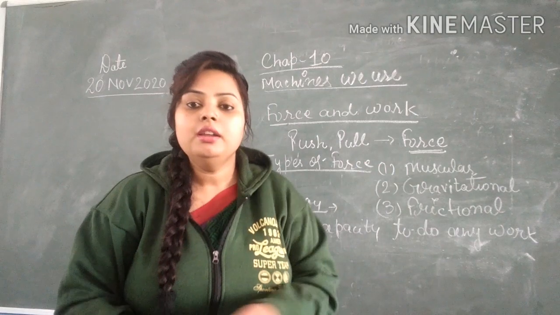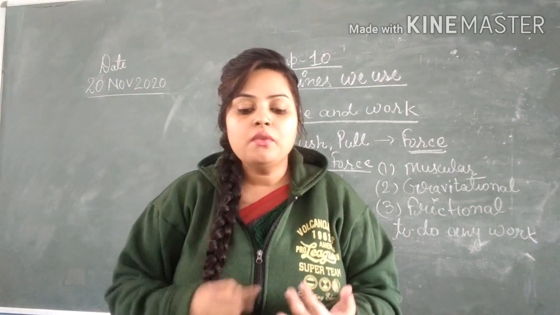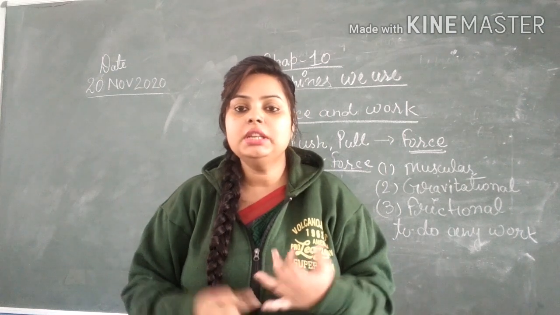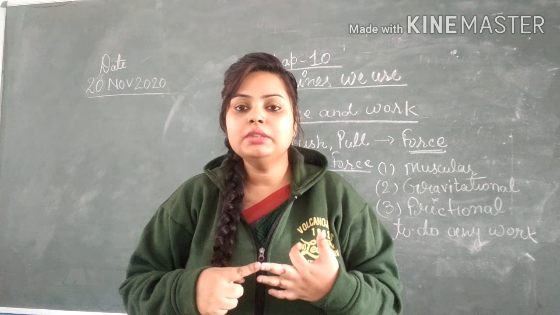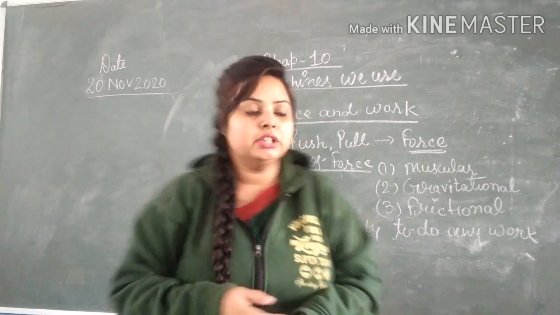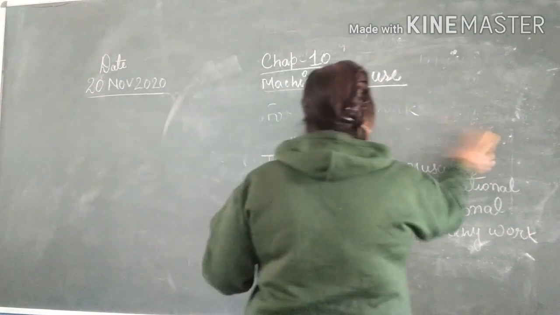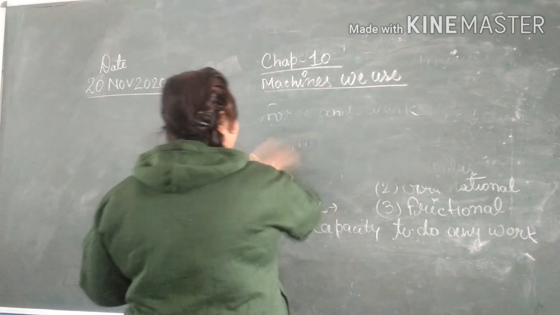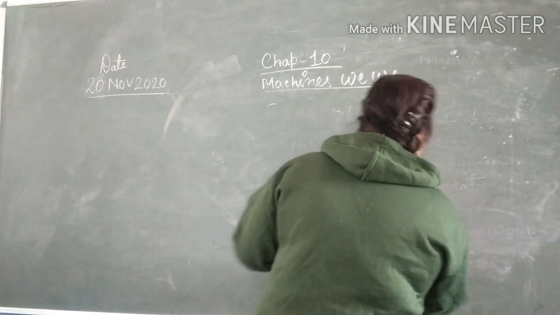Now here different types of energies are known. First is heat energy, second is light energy, and the third one is solar energy. So let's start with our first type of energy, that is heat energy.